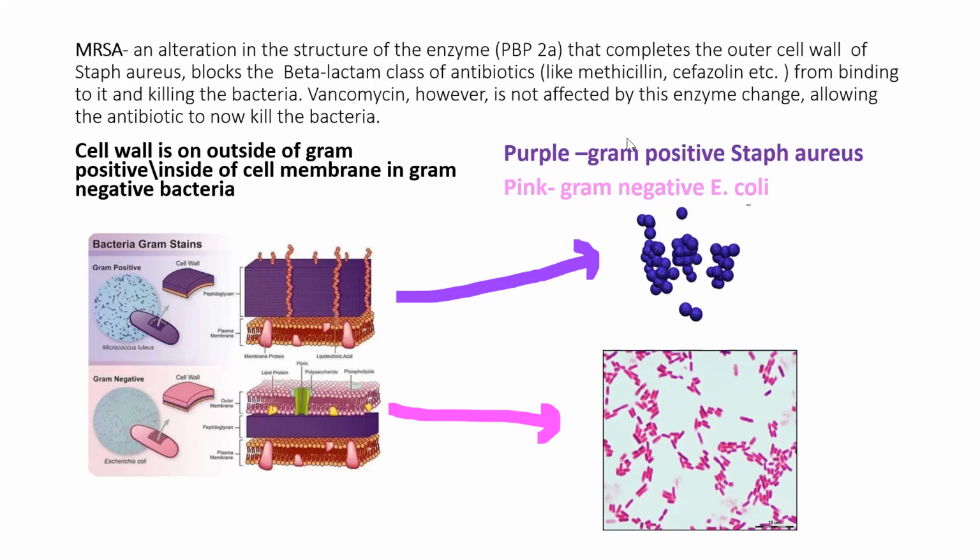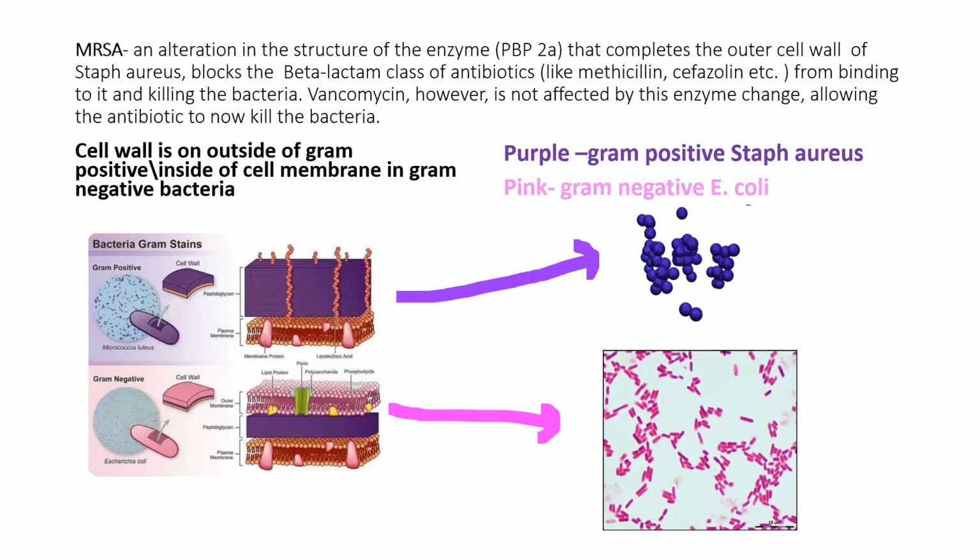It's called a penicillin binding protein because beta-lactam antibiotics like penicillin, cephalosporins, and carbapenems all bind to it. By inactivating this enzyme, the peptidoglycan cell wall cannot be completed, it degenerates, and the bacteria is killed. So beta-lactam antibiotics work by binding to this protein and blocking the ability of gram-positive organisms to replicate.